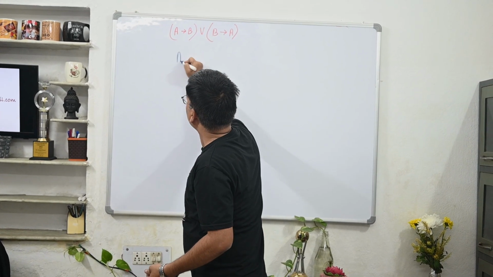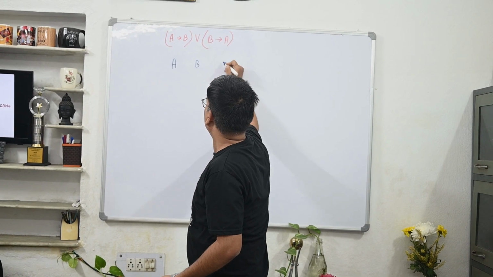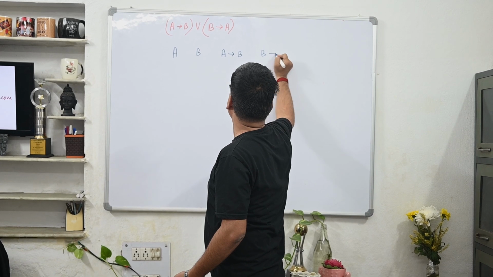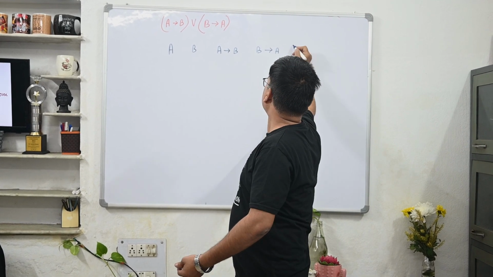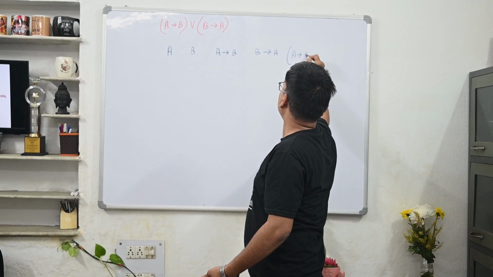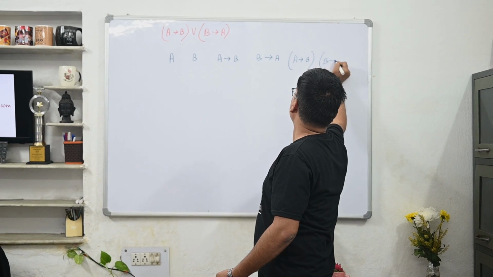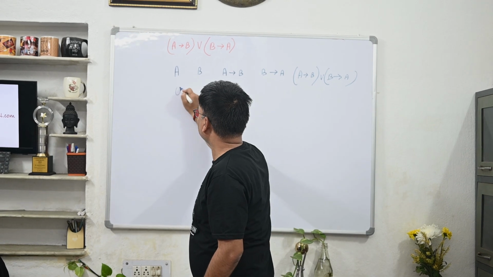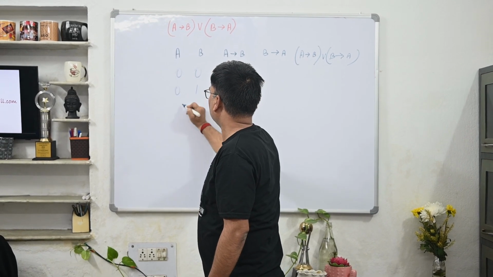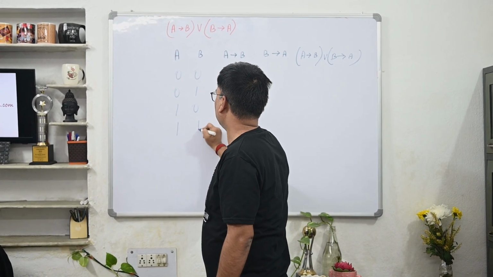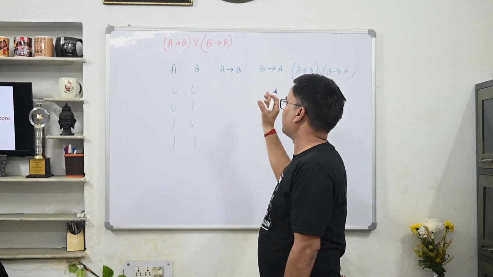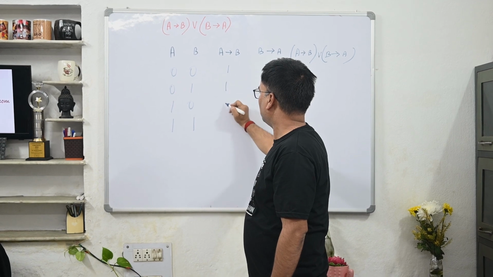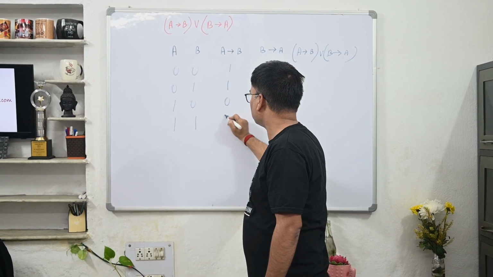Now, I take A and B here. This is A implies B, this is B implies A, and this is A implies B or B implies A. The values of A and B will be 0,0, 0,1, 1,0 and 1,1. For A implies B, 0,0 is 1, 0,1 is 1, 1,0 is 0, 1,1 is 1.